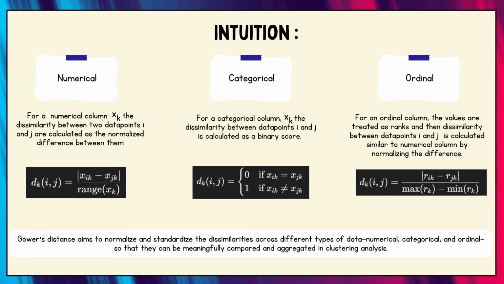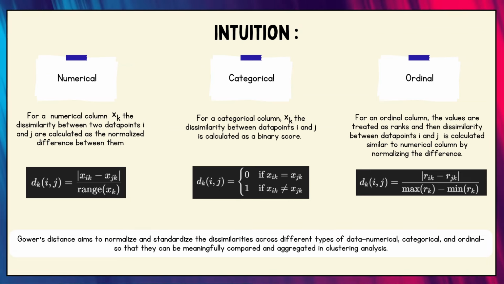So the dissimilarity in a numerical column between two data points I and j is simply calculated as the absolute difference between the values divided by the range of that numerical column. Range is simply the max minus the minimum, right? So this will result in a standardized dissimilarity score between two data points I and j in the numerical column k in the range 0 and 1.